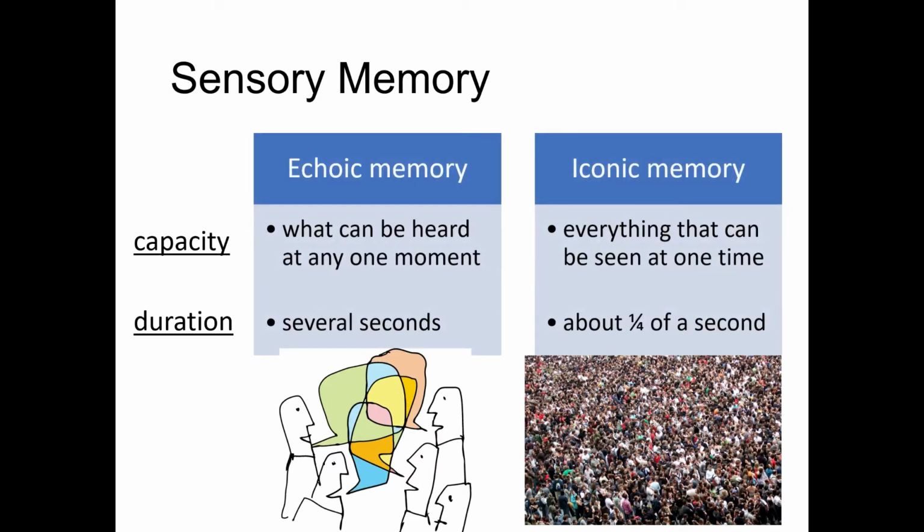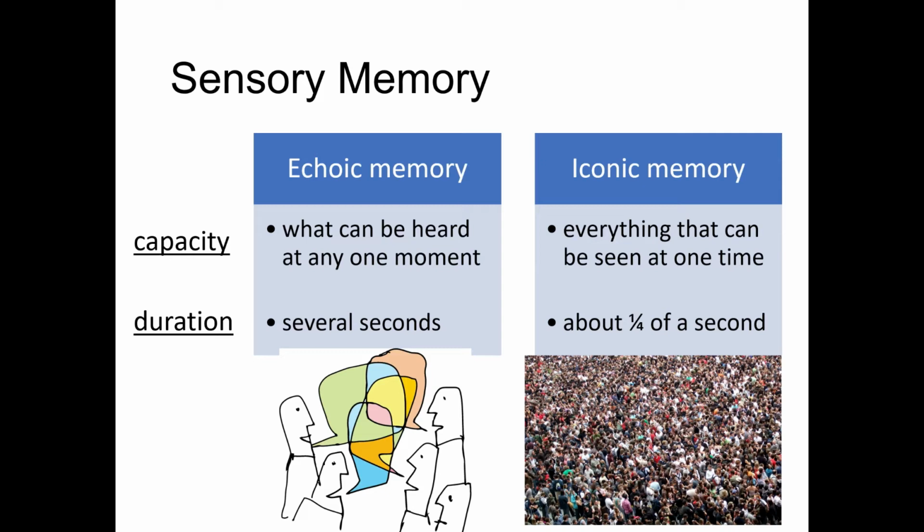In terms of capacity, iconic memory is larger than echoic memory. Because iconic memory is basically everything we could see, the capacity is larger than echoic memory, which keeps auditory information but is limited to what a person can actually hear at one moment.